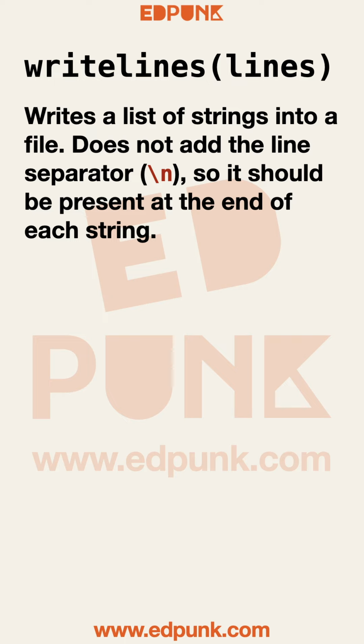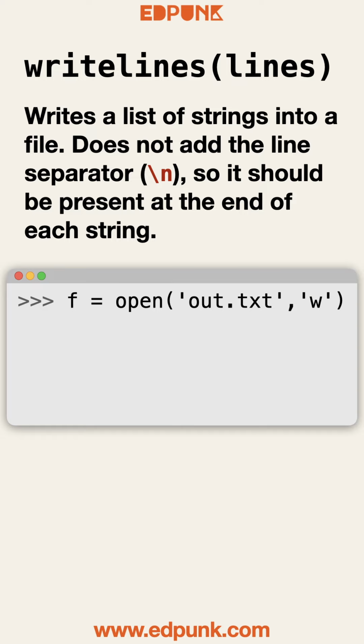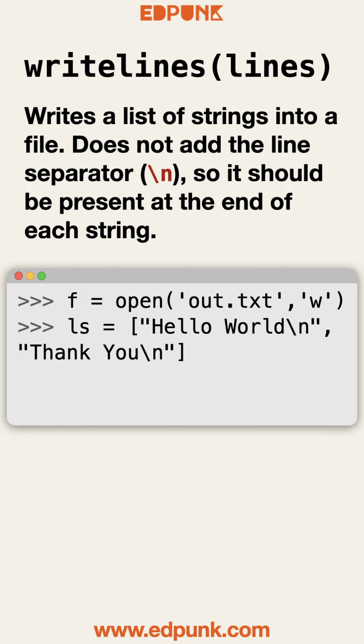For example, let us open a file named out.txt in write mode and assign the file object to f. Let us now assign a list of strings, hello world new line character and thank you new line character, to the variable ls. To write the lines in the file, we will execute f.writelines(ls).